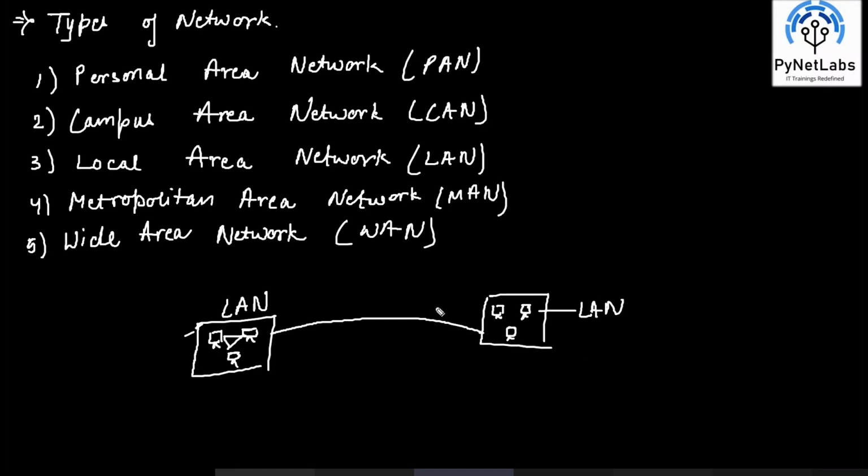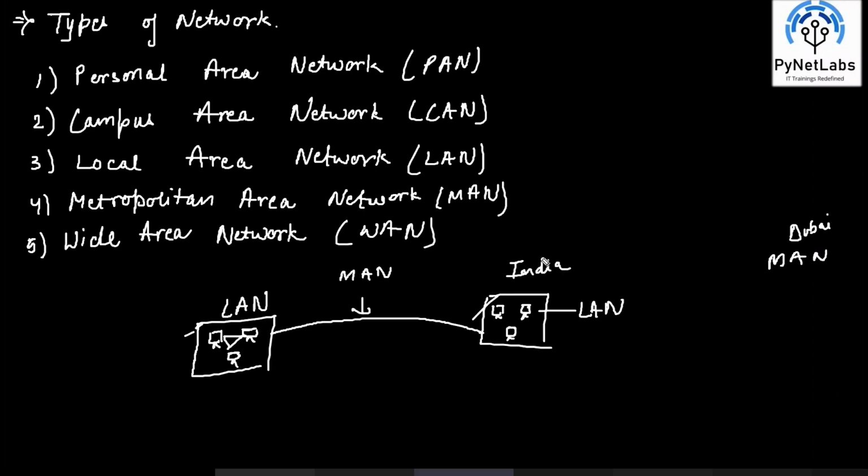So this network is now connecting two different states, and we can call these LANs together a MAN, which is Metropolitan Area Network. Now let's assume that there is another MAN configured in a different country. So let's say this network is there in India, and there's another MAN configured in Dubai.